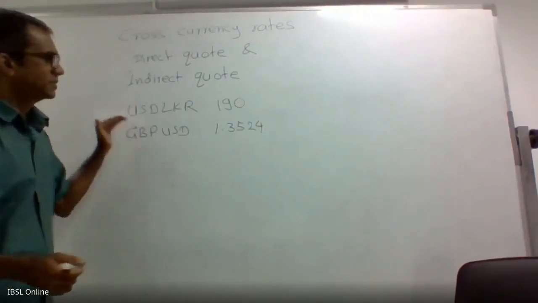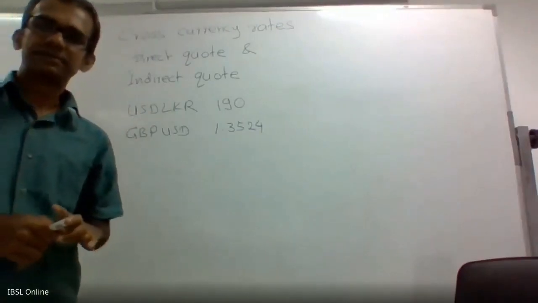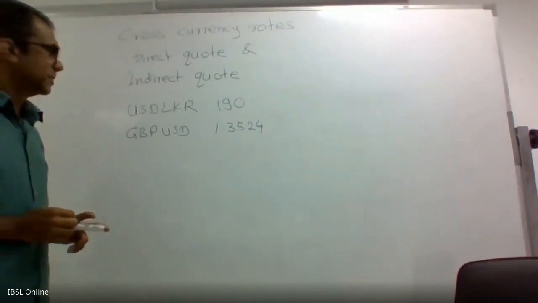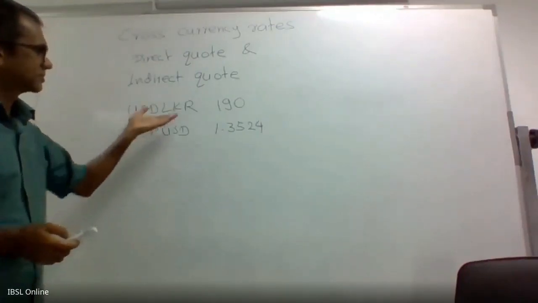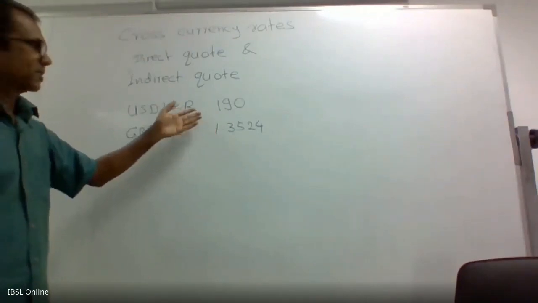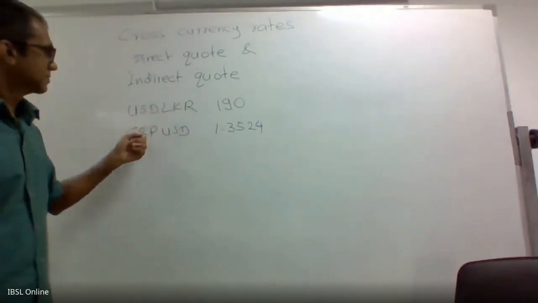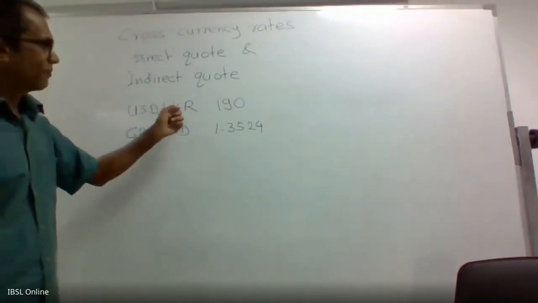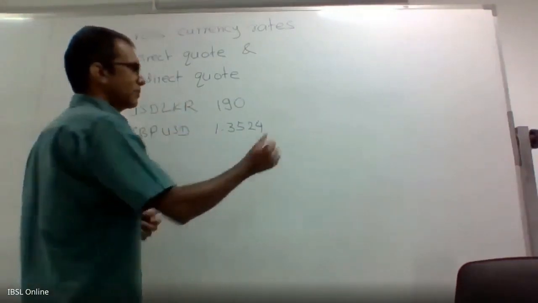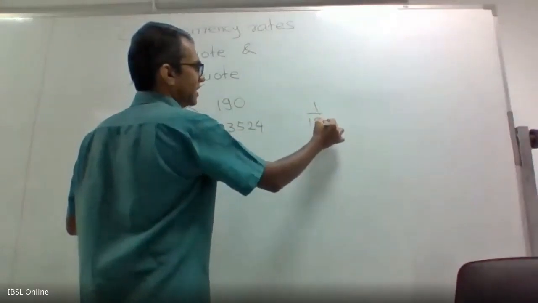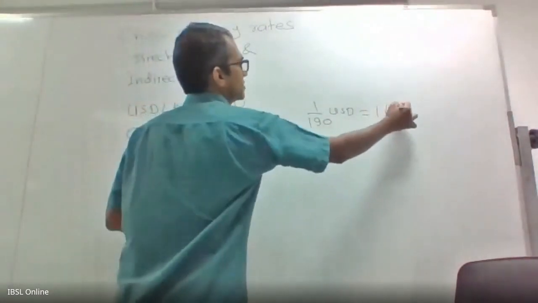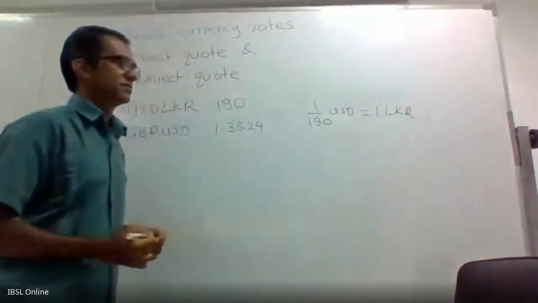Now again, what is the stronger currency? This will be a bit tricky because you cannot just compare these two. But if we calculate the value of 1 rupee in terms of dollar, it would be 1 over 190 USD equals 1 LKR.